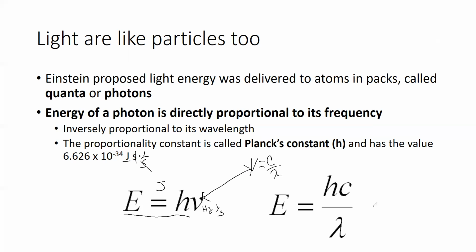And if we look at the units for this, Planck's constant is joules times seconds, speed of light is meters divided by seconds, wavelength is in meters, and your unit is joules, which is good because we want to calculate energy of photons.